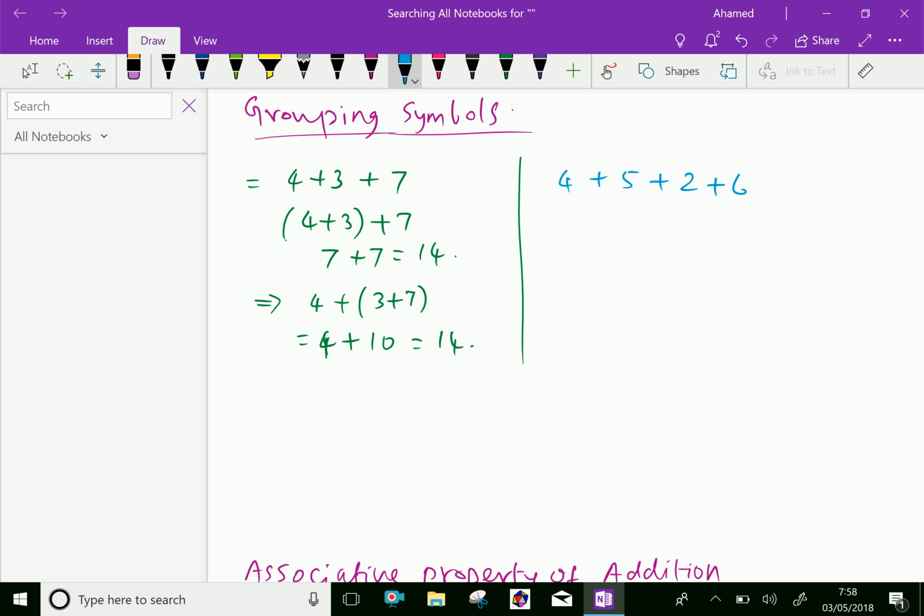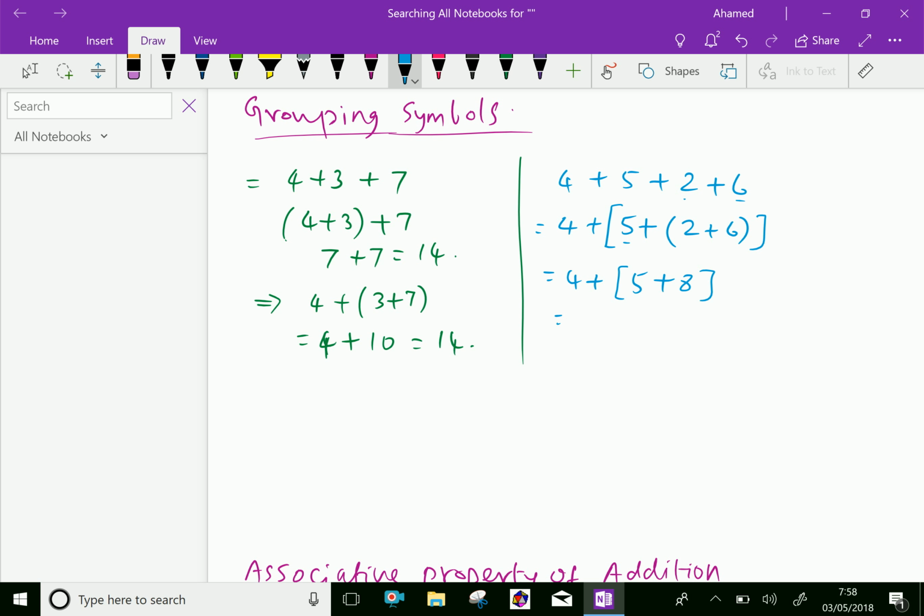So for four numbers, we write the first number as it is, plus use the square bracket and add 5, plus group the third and fourth numbers like 2 plus 6. Here, 4 plus, in the square bracket write the second number 5, plus inside the second group, 2 plus 6, that is 8.